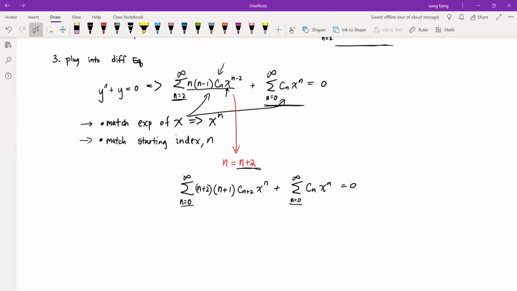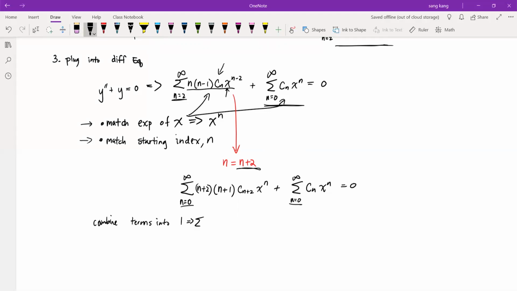So anyway, the next thing to note: we want to combine all of these sums into one summation.